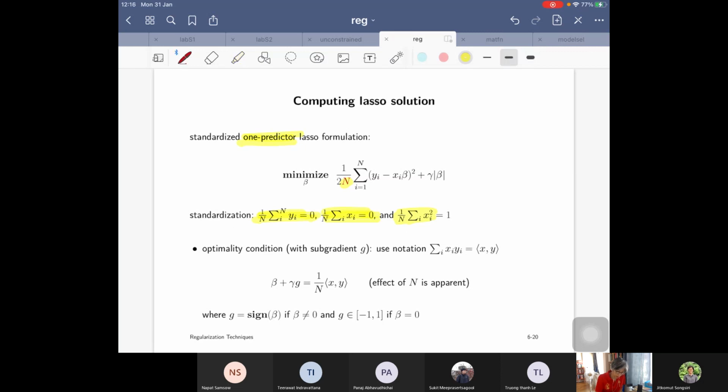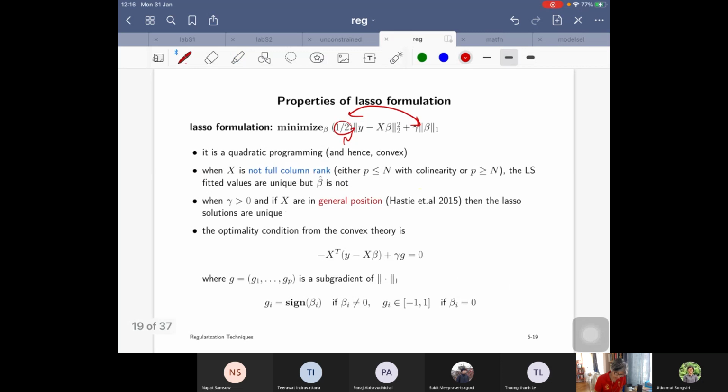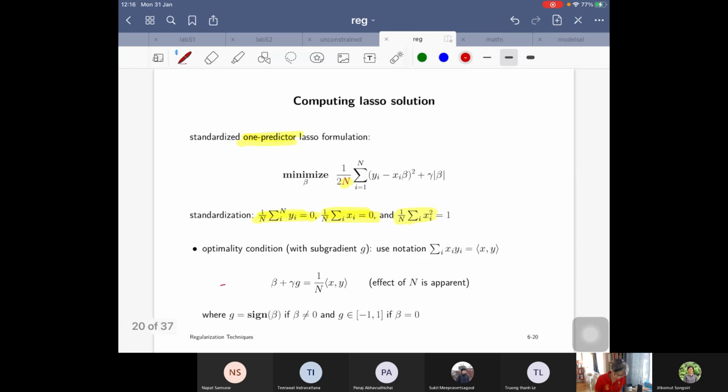The optimality condition now reduces to this. If I take the gradient of this cost objective, I get 1/2 times 1 over n, the summation of i from 1 to n, of 2 times (yi minus xi beta), and then by the chain rule, times minus xi.